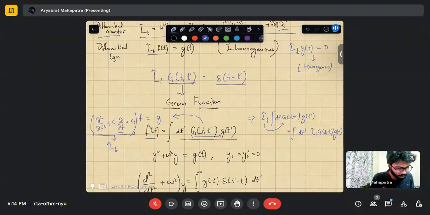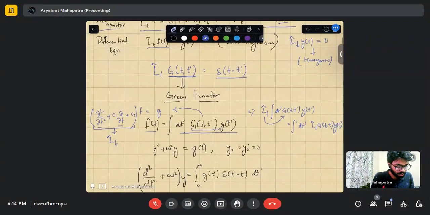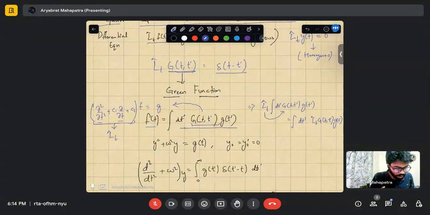So that's why this L of t, this differential operator, can only act on this G of t, t prime, because it contains t, and the other g, the small g, does not have any dependency on t. Instead, it has dependency on t prime. So that differential operator won't act on the small g.